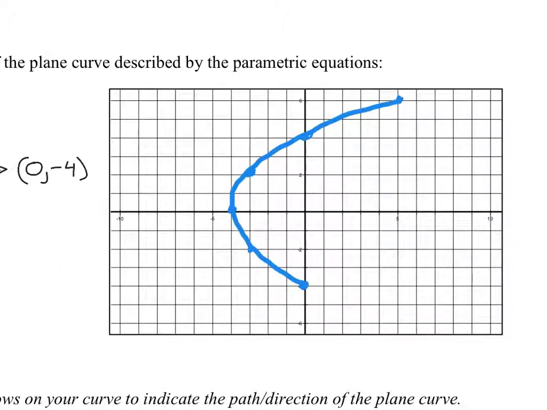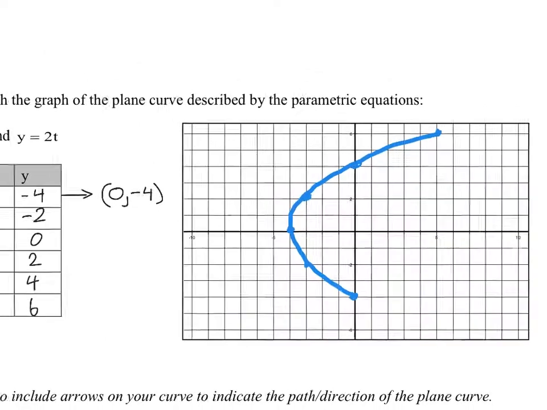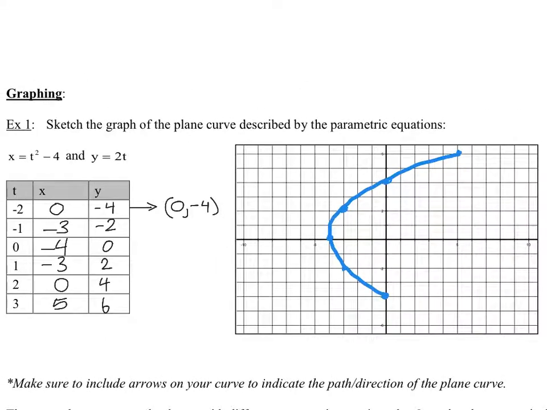All right, now this is a portion of a sideways parabola, which, I don't know that you're going to necessarily pull sideways parabola from the equations, but you could see that one of the equations has a power of 2 in it, so it's got a parabolic aspect to it. So we're not stunned that this ended up being a parabola. It's just the orientation of it might be interesting.